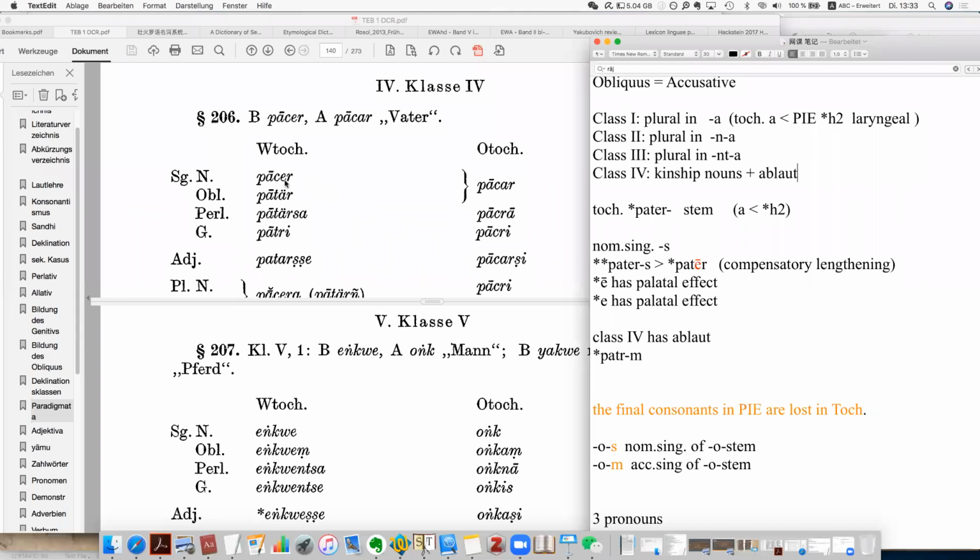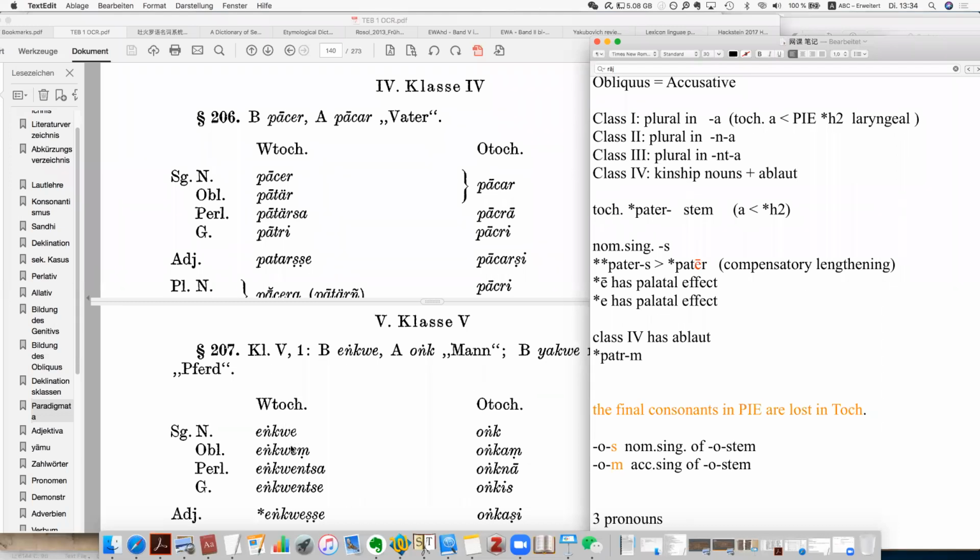The similarity is nominative and accusative are different, but in different ways. Here, the consonant is different; it has different stems in this class.